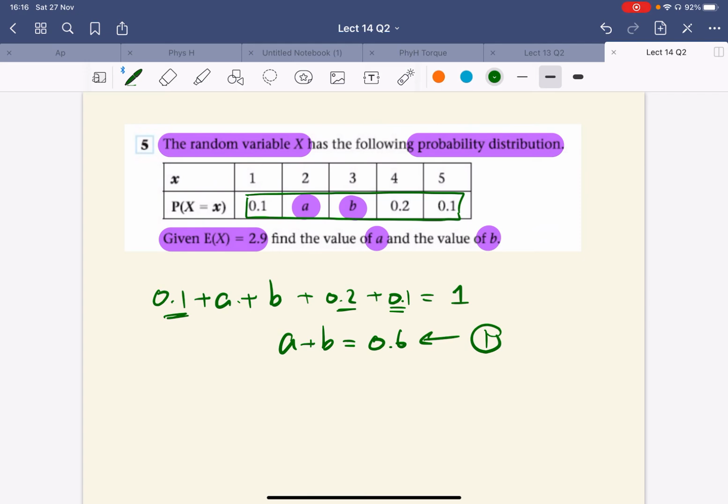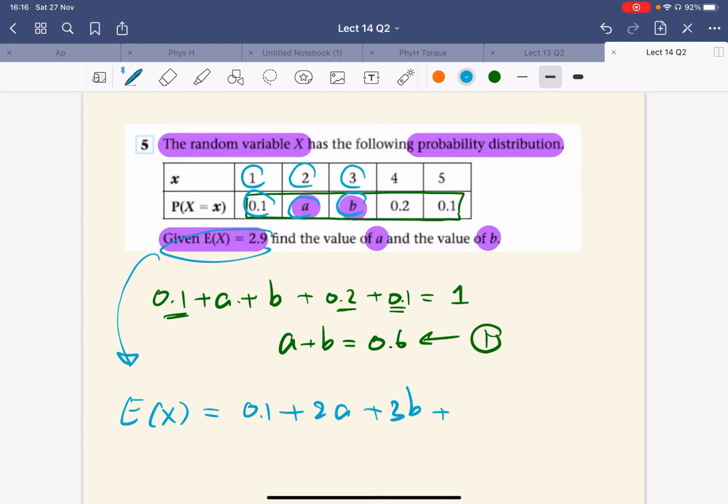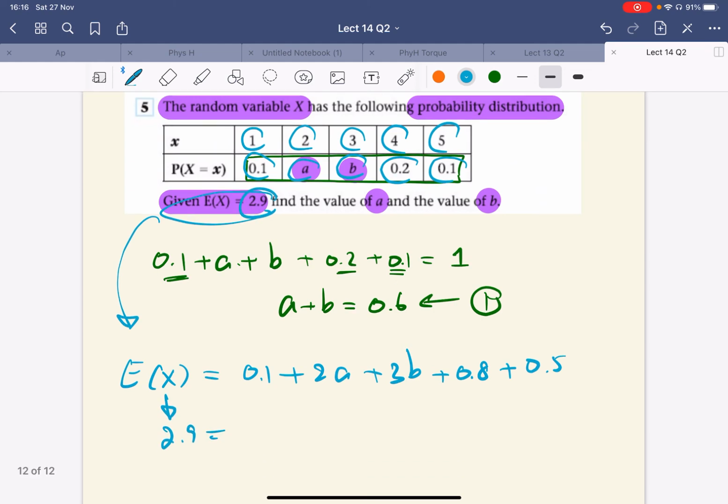Let me come up with the second equation. To find E of x, you take this times that, 0.1, plus this times that, 2a, plus this times that, 3b, plus this times that, 0.8, plus 0.5. Now I know the whole thing is equal to 2.9. Change this to 2.9.